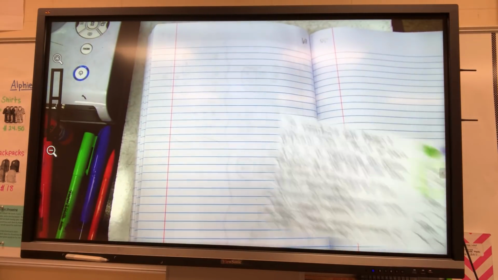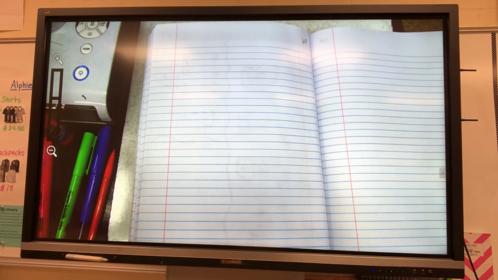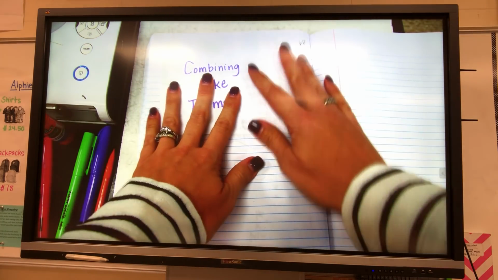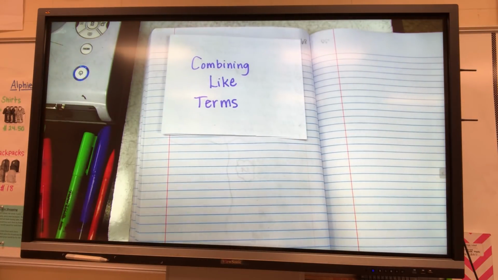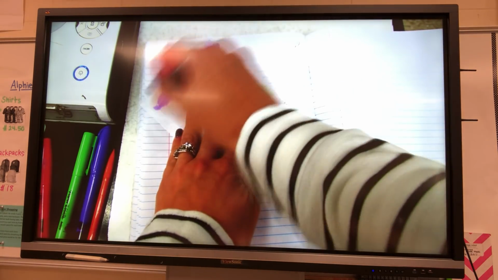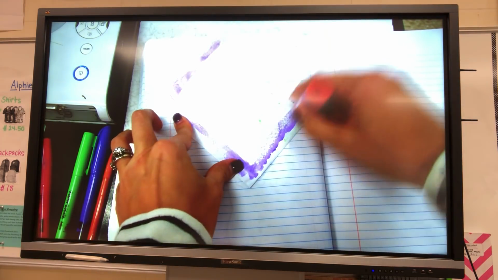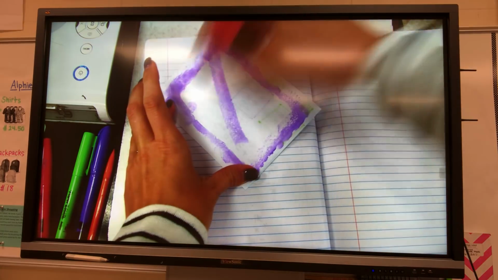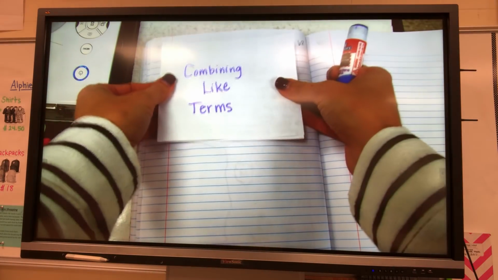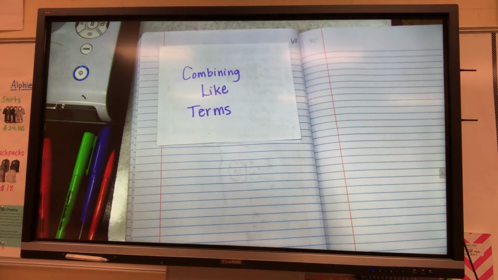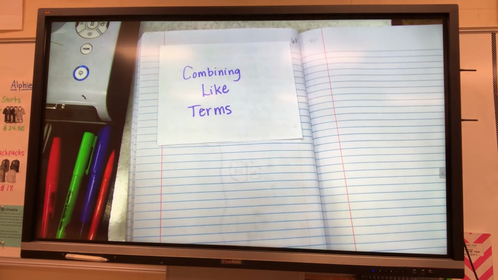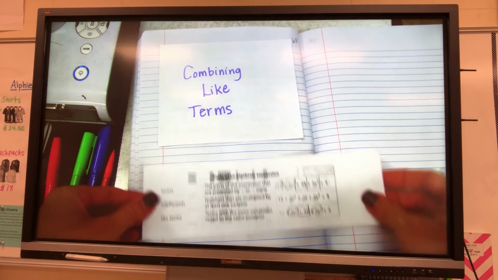So on page 68, I would like you to glue this closer to the top. Doesn't have to be at the tippy top, but we're going to glue this closer to the top. So get your glue on there. Then you need your sheet that we had a while ago with our vocabulary on it.